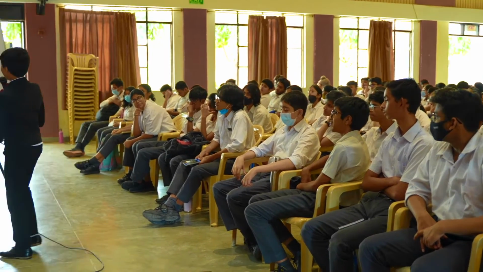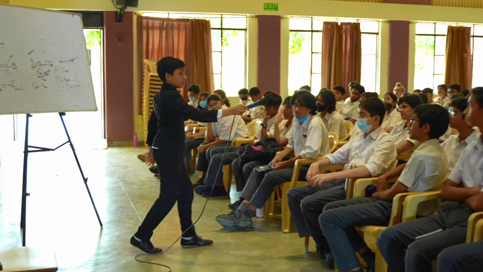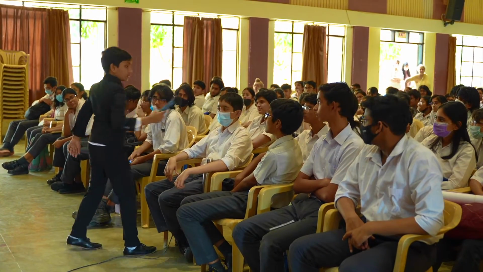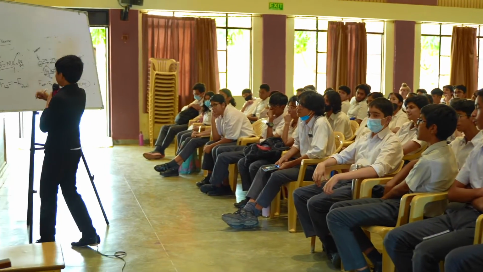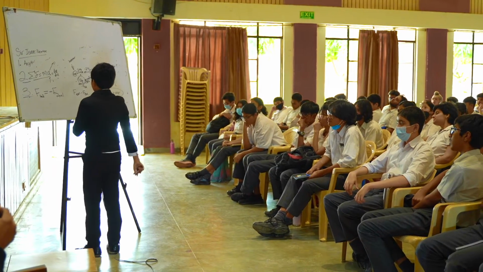Now, can anyone tell me what equation we learned for force from the second law? Okay, that's one equation. But can anyone tell me the other equation that we derived? Good, change in momentum over change in time. That is what we derived.